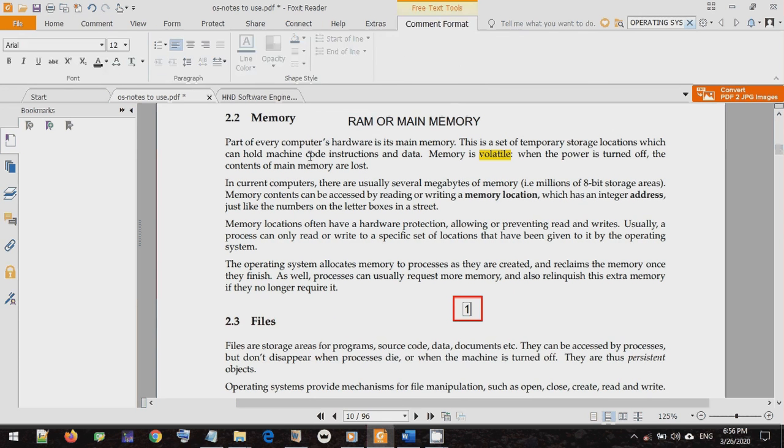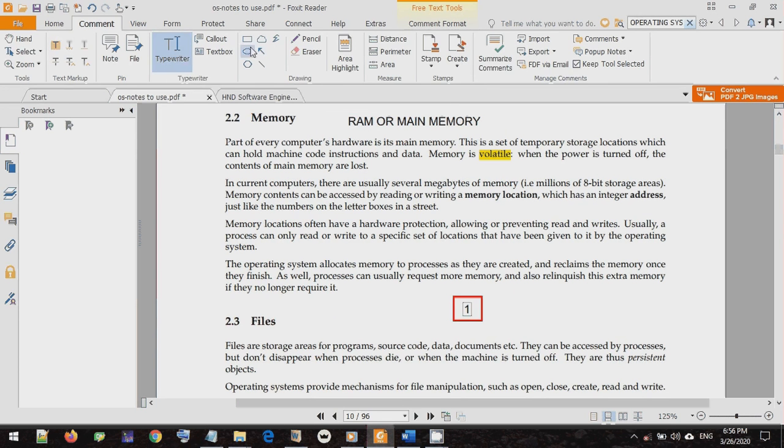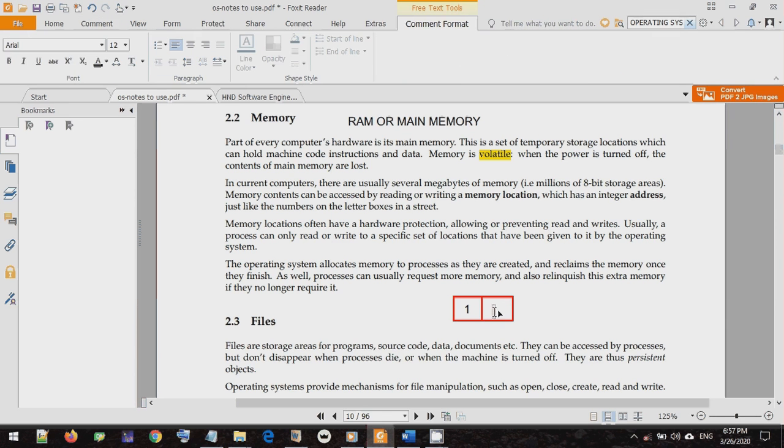Such memory contents are usually protected, and they are well addressed. That is, we can read and write to each of these memory locations, which have an integer address. When we talk of an integer address, we are referring to maybe a box with a certain number in it, like 1.